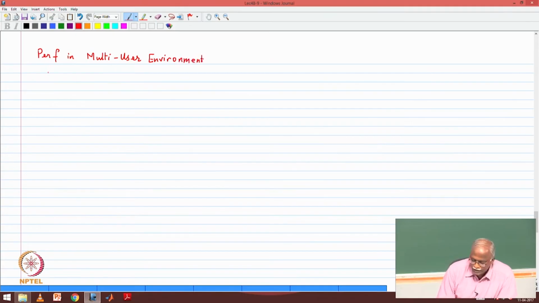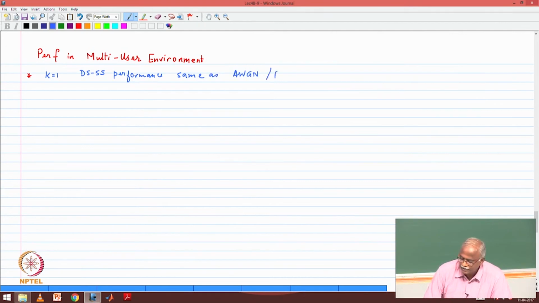The first one is if k equal to 1, number of users equal to 1, direct sequence spread spectrum performance is the same as an AWGN or flat fading channel. There is no gain that you get for a single user system. Okay. This is a point that we had made very early in our discussion.